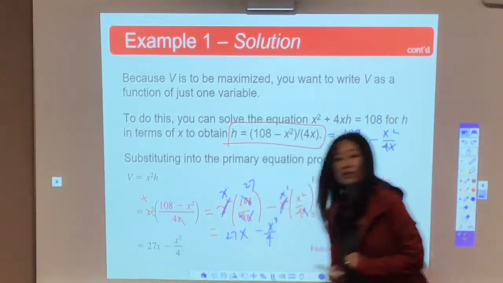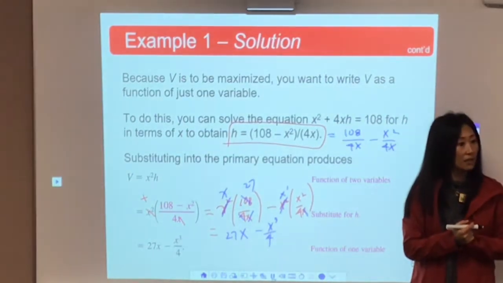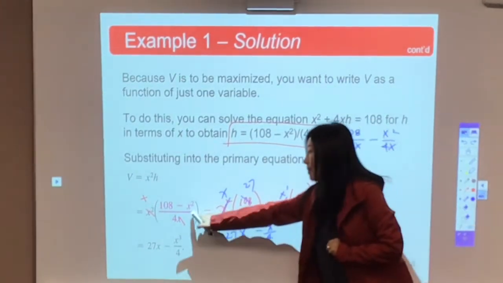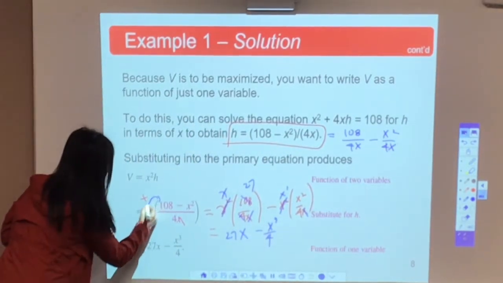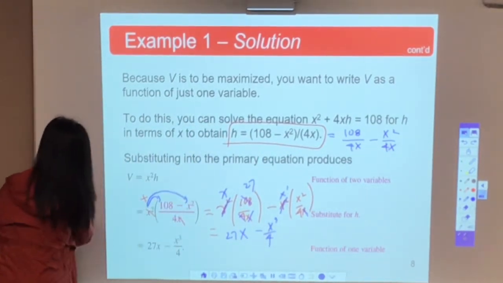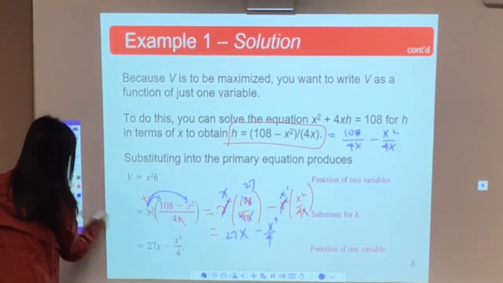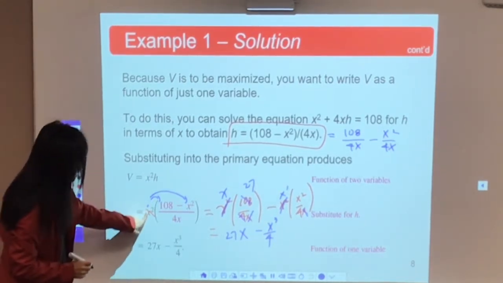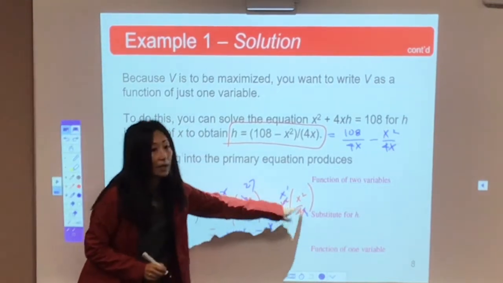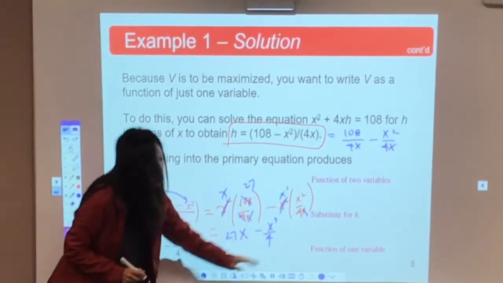That's how you get it over here. Is everybody with me? So I didn't skip the step. I expand x squared, expand this, you get over here, and then you simplify, you get this.